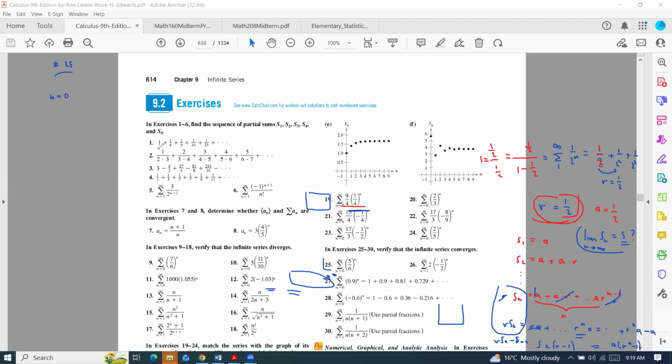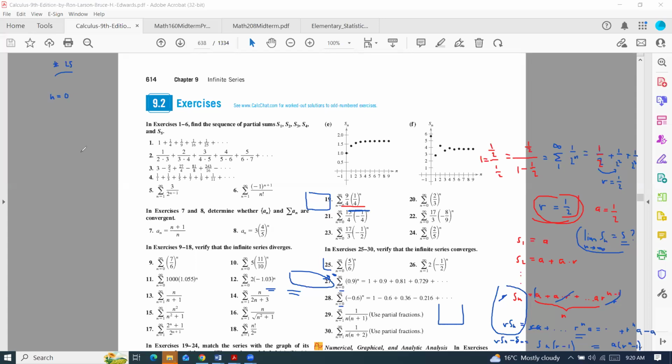Please notice, by the way, that in some instances n is equal to 0, but in some instances n is equal to 1. First term is 1. So you want to make sure that you realize that the first term, which is dealing with a1 or with a0, makes the result different.